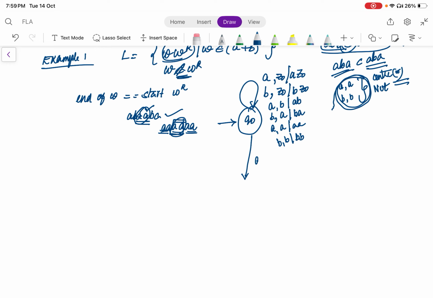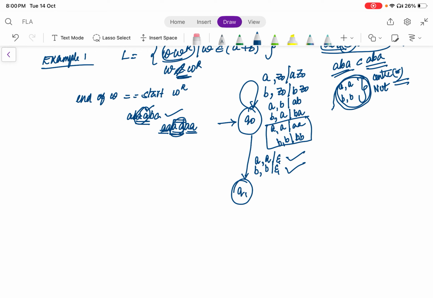Your input is A, top of the stack is also A, you pop; or your input is B, top of the stack is B, you perform pop and you change the state. So these two are center not reached, and these two are center has been reached. For both combinations you have written the transitions.